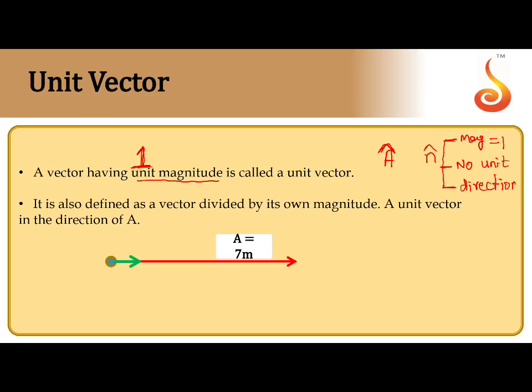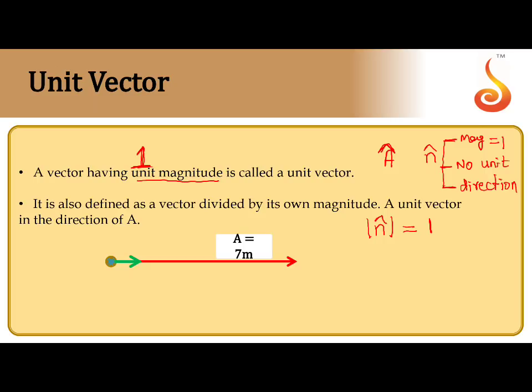Unit vector magnitude is equal to 1. It doesn't have any unit. It has a particular direction.